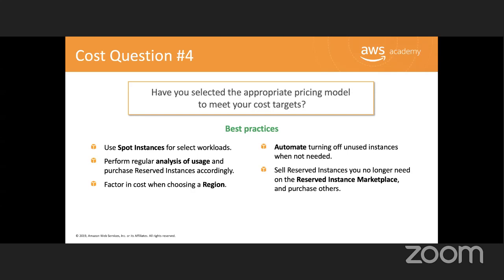Automate turning off unused instances when not needed. You know that already. Sell reserved instances you no longer need on the Reserved Instance Marketplace and purchase others. Don't be surprised if you see this as one of the solutions in one of the questions in the exam. Selling your instances, and where do you sell them? In the marketplace.